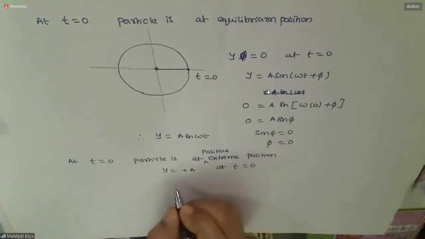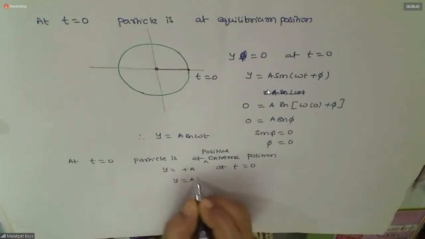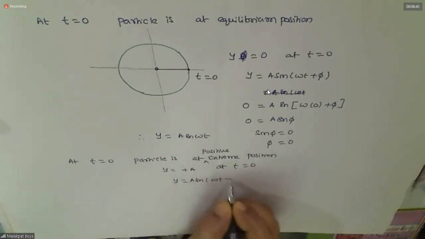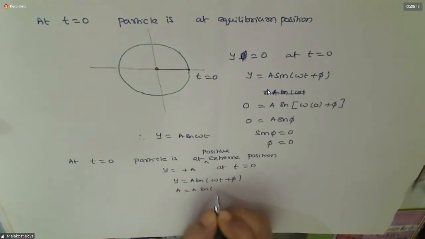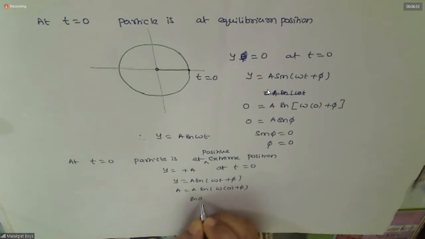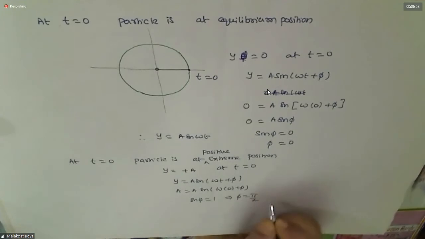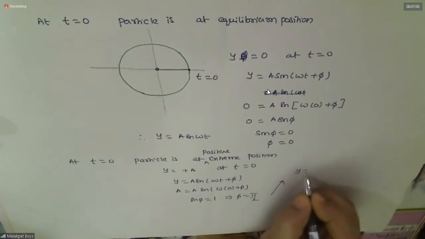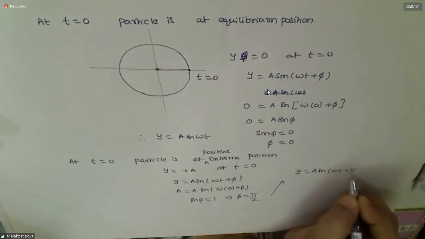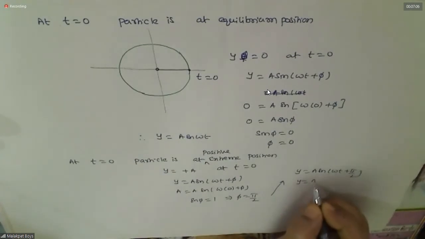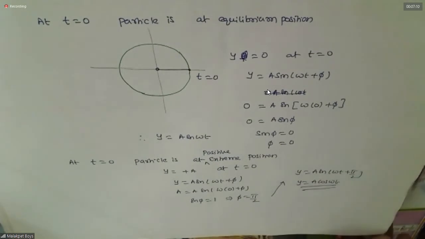So what is the equation? y equals a sin(omega t plus phi). This is a sin(omega into 0 plus phi). So what is sin phi? 1. Phi equals pi by 2. Therefore y is given by a sin(omega t plus pi by 2). You get a cos omega t. Understood this?